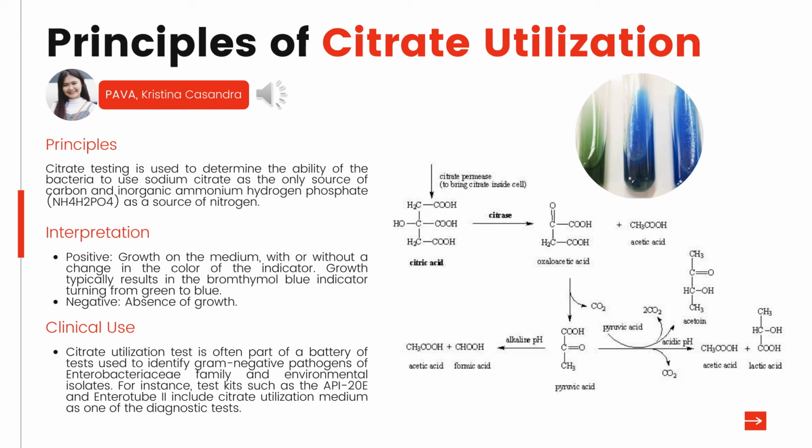First, under alkaline conditions, pyruvate is metabolized to acetate and formate, where pyruvate equals acetate plus formate. At pH 7 and below, or the acidic conditions, lactate and acetone are also produced, where pyruvate is equal to acetate plus lactate plus carbon dioxide, and pyruvate is equal to acetone plus carbon dioxide.